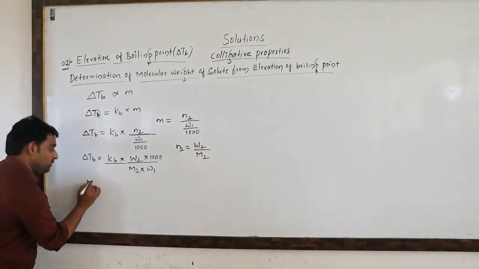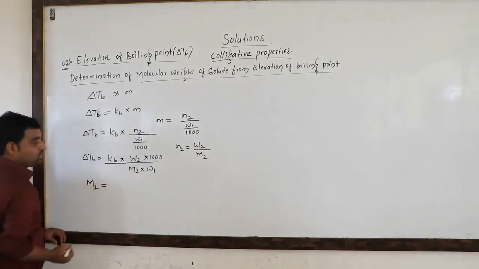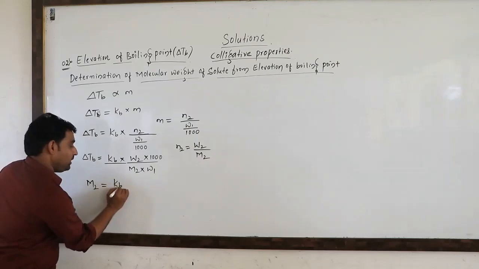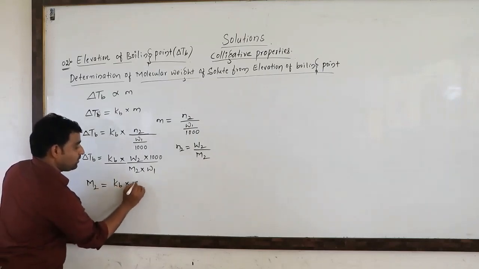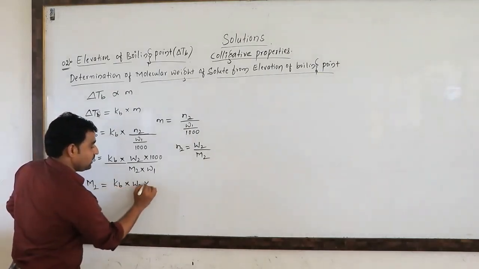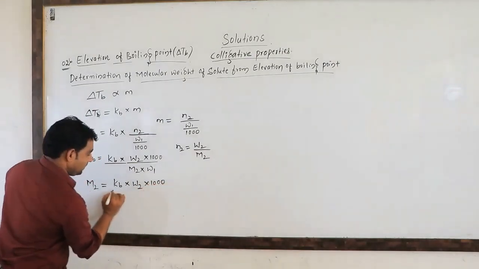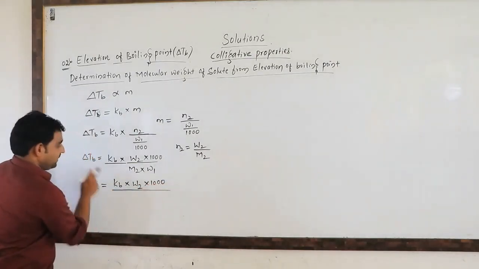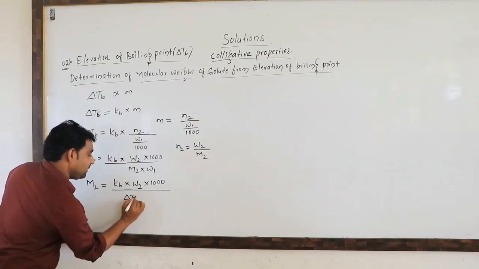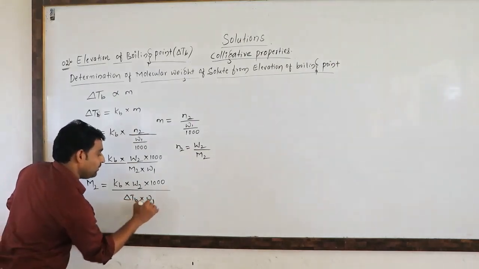M2 is equal to Kb into W2 into 1000 divided by delta Tb into W1.